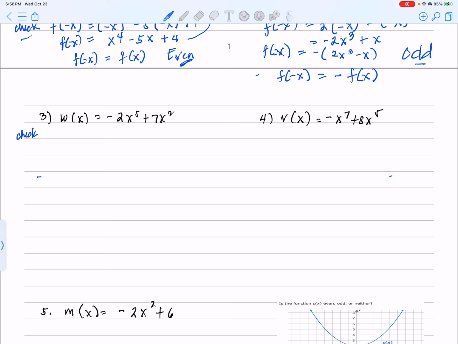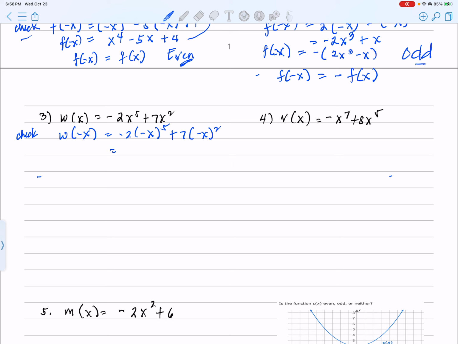So if I substitute a negative x into the function, let's say negative 2 times negative x to the fifth power plus 7 times negative x squared.